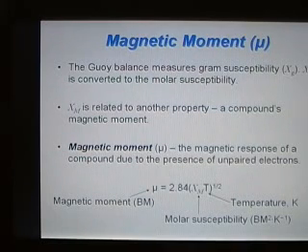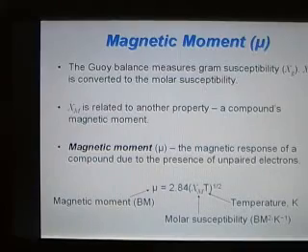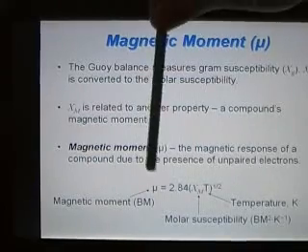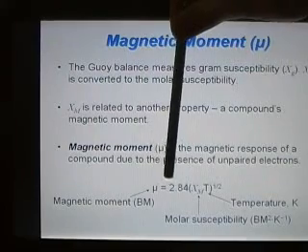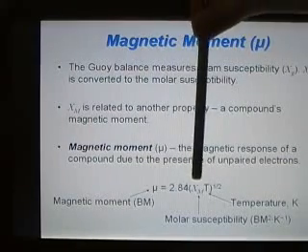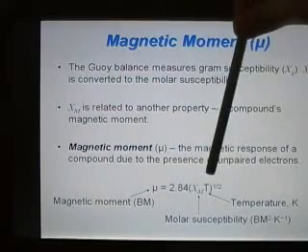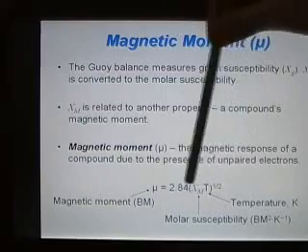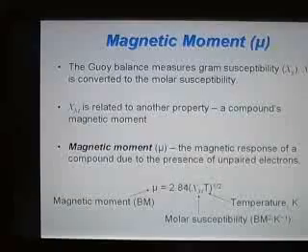There's a mathematical formula that you can use to calculate the magnetic moment of a compound. The magnetic moment, mu, is equal to 2.84 times the molar susceptibility times the temperature, and everything in parentheses is raised to the 1/2 power.